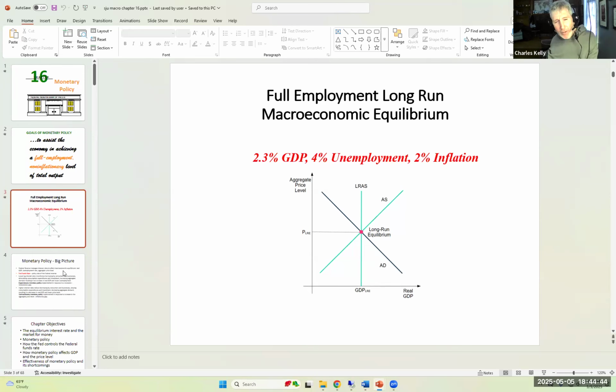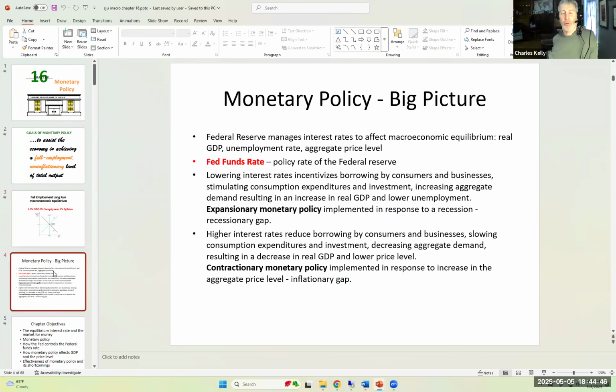So this next slide is pretty straightforward, like big picture. All right, what does the Fed do? Two months from now, you're not going to remember all the particulars about, oh, under limited reserves it's the discount rate, the reserve ratio, open market operations. With ample reserves, it was forward guidance and the IOR.